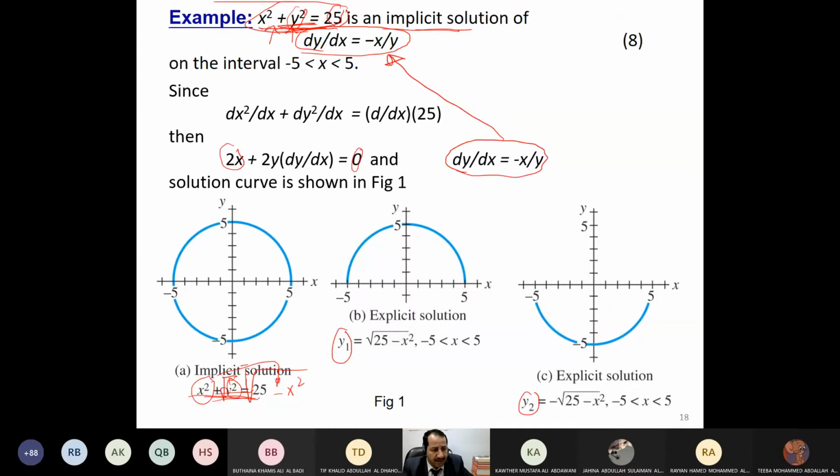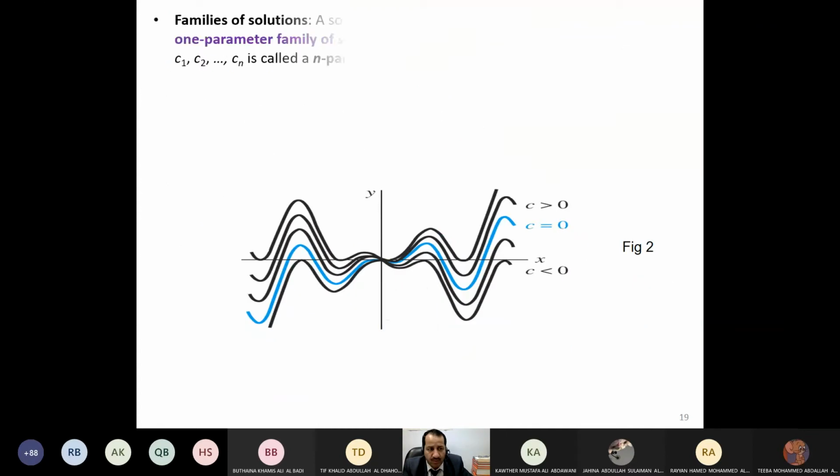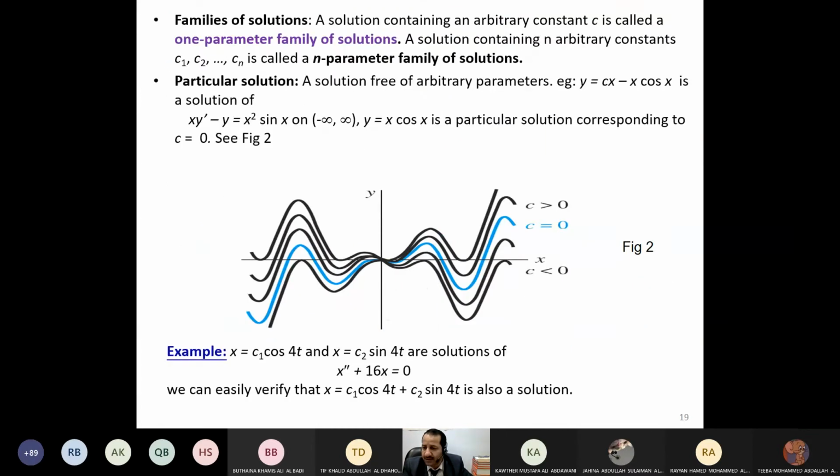And by the way, just don't forget that when we integrate, we will have a constant, which is called integration arbitrary constant. This constant, most of the time we call it C. If we don't have initial condition or boundary condition, we cannot find it. But if we have initial condition, we can substitute to find it. And when we find it, it will be specific. Example of this, have a look. If I have this function as example, x equal c1 cosine 4t, it is already integrated and I got this result.